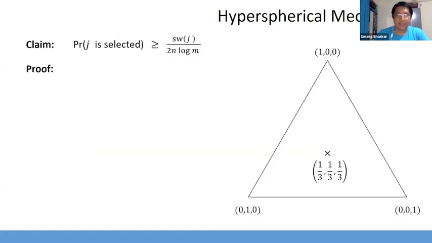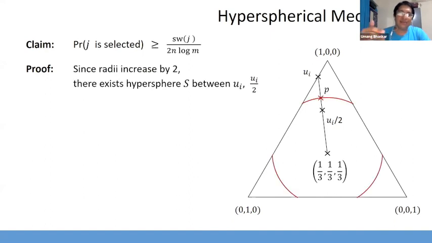And here's why this is true. Because the radii double, you fix any utility and you look at half the distance from the midpoint to that utility. Because the radii increase by a factor of 2, some hypersphere lies between ui and ui by 2.